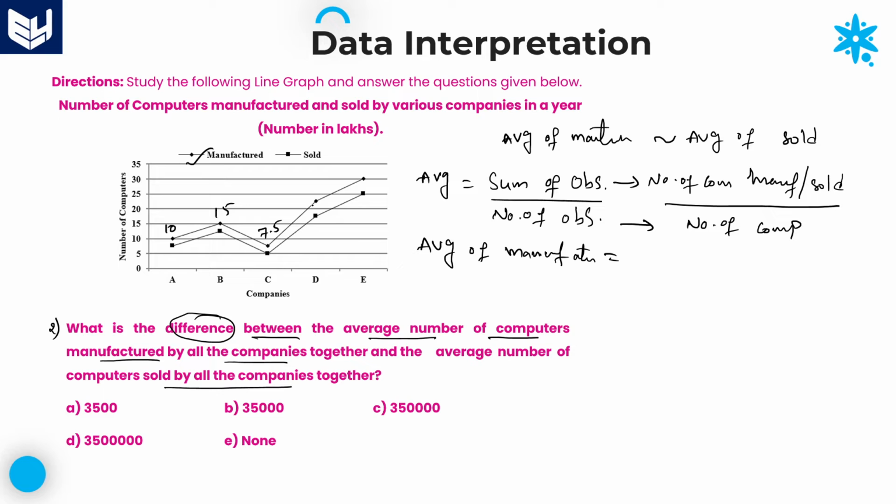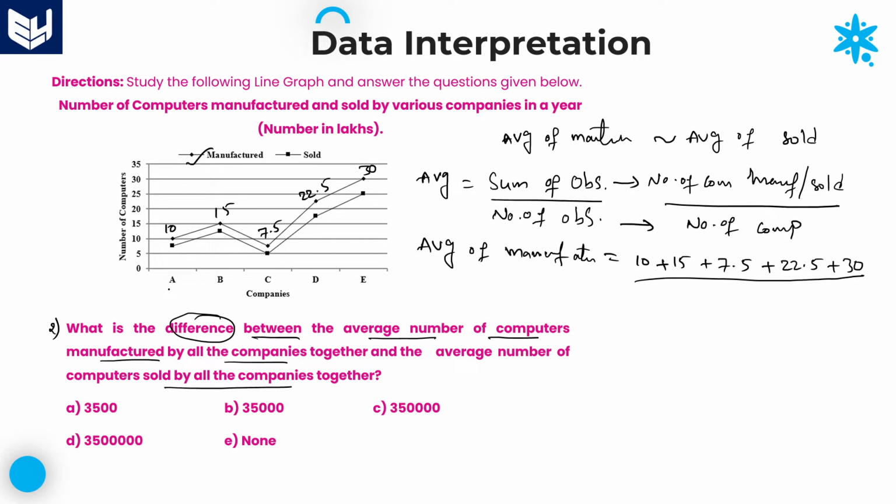This is between 20 and 25, which is 22.5, and it is 30. Therefore the required average is equal to the number of computers manufactured, 10 plus 15 plus 7.5 plus 22.5 plus 30, divided by the number of companies.